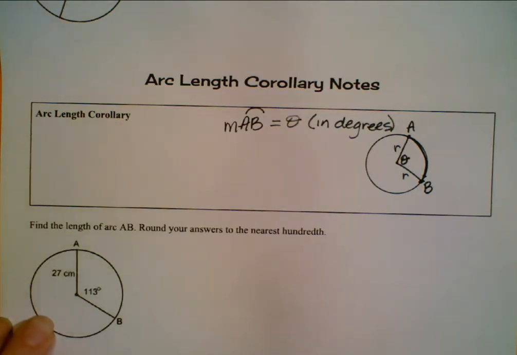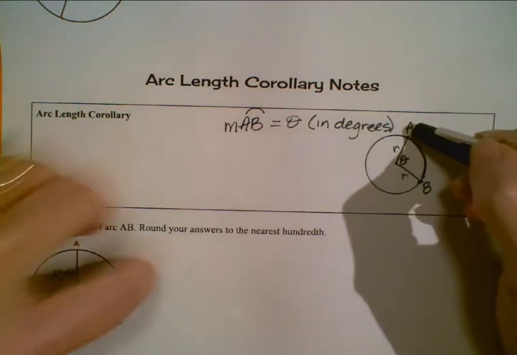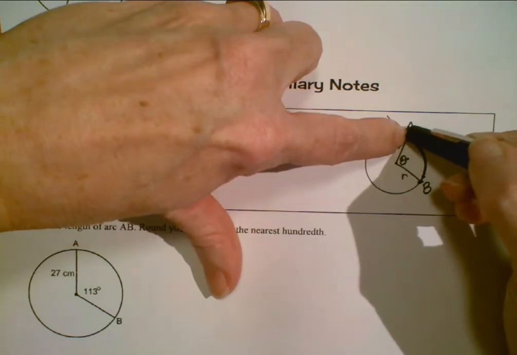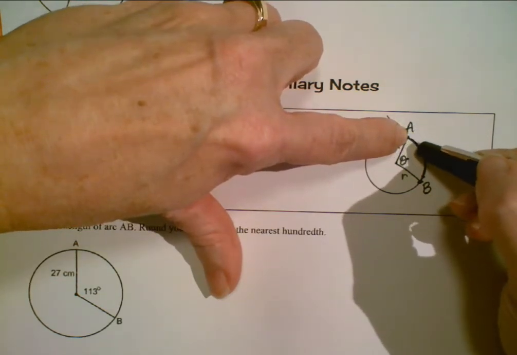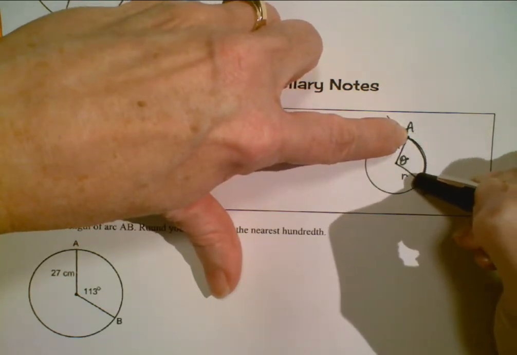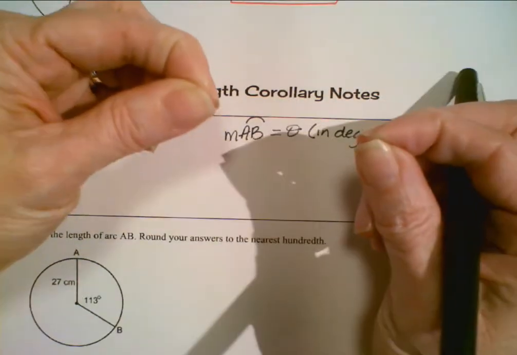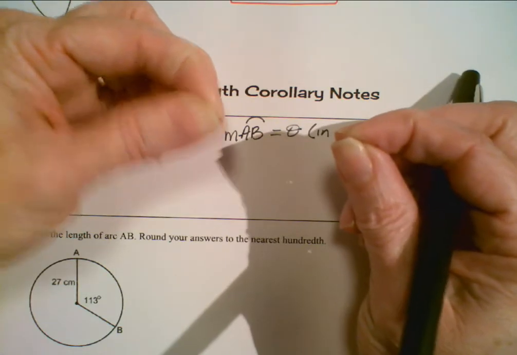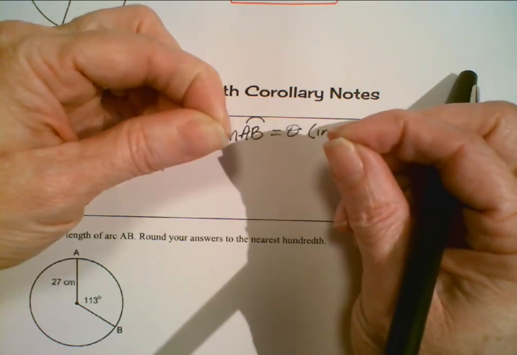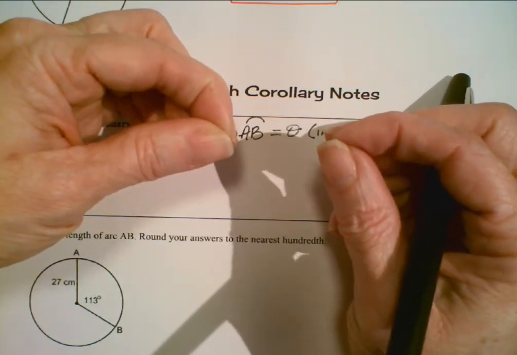Well, let's assume for a moment that I had a piece of string, and I could start it at point A and lay it perfectly on the circumference of that circle all the way around to point B. And then if I take that string and stretch it end to end, I can measure the distance between those two ends, and that would be the length of the arc.